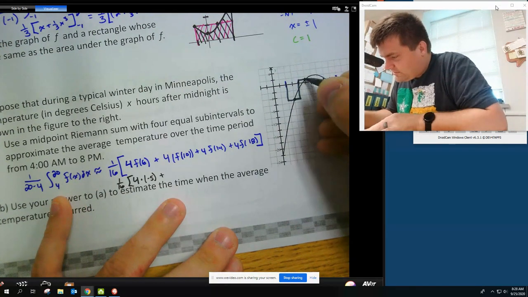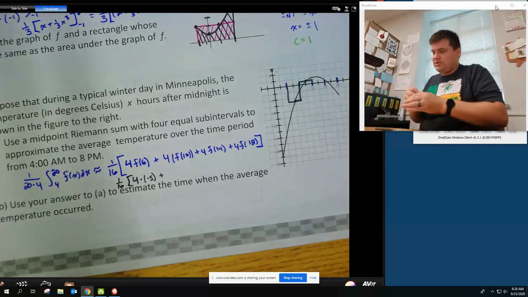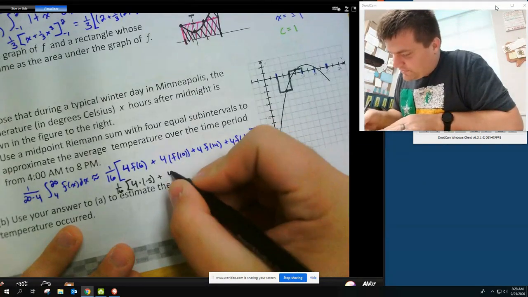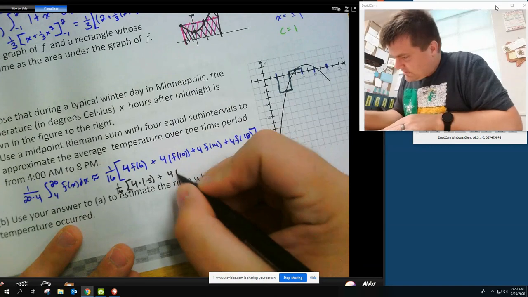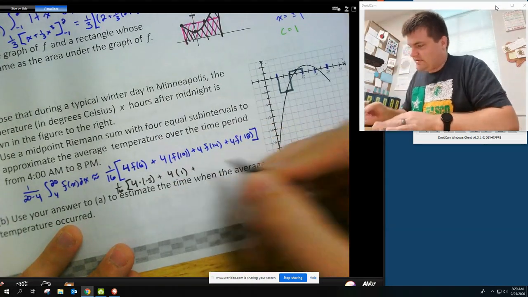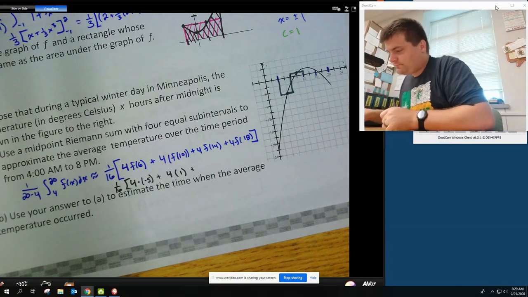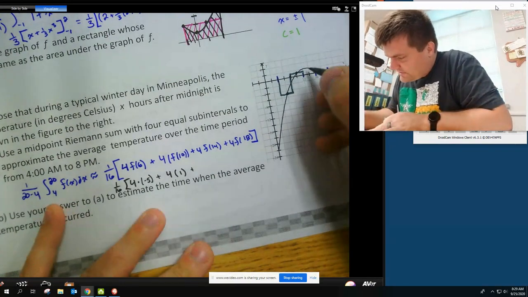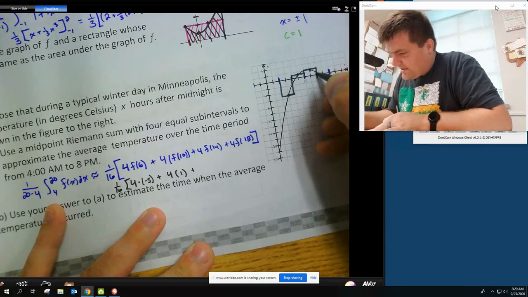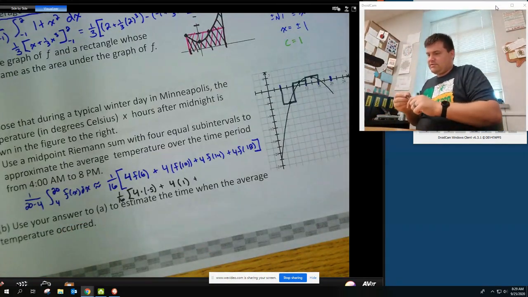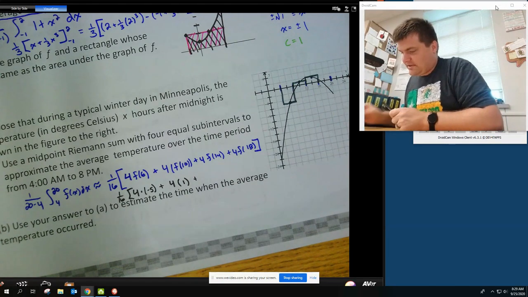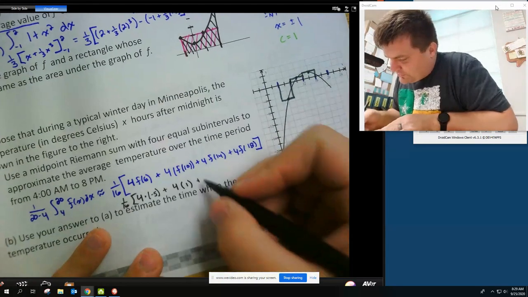Again, I just want to use nice, clean integers here. So this would be 4 times 1, plus, this looks nice and maybe not exact here. Again, we're just estimating here because I don't have the actual numbers. So we're looking at that height right there, and that's going to be 4 times, let's just say 2.